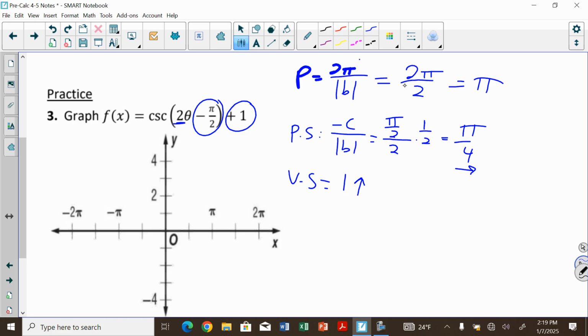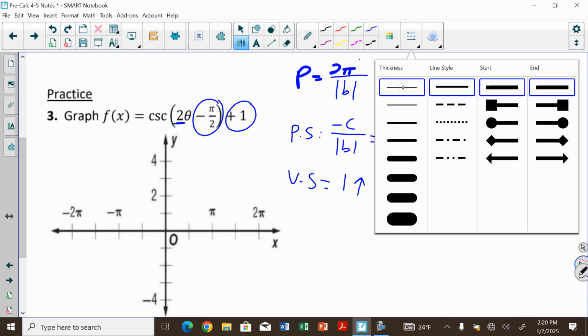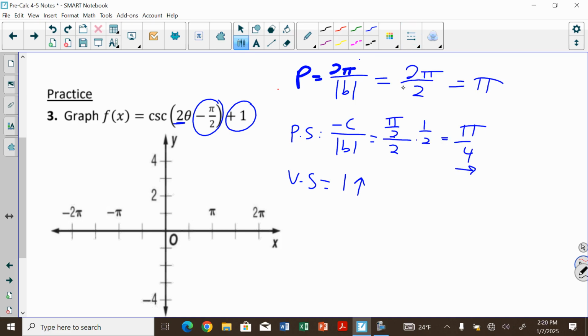Now, I did say we're going to point something out. Right here, it's a period of pi, but we have 2 halves that we have to draw on the graph. You've got one parabola that's going up and the other one's going down.